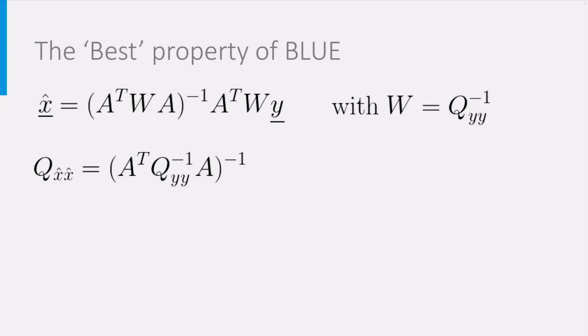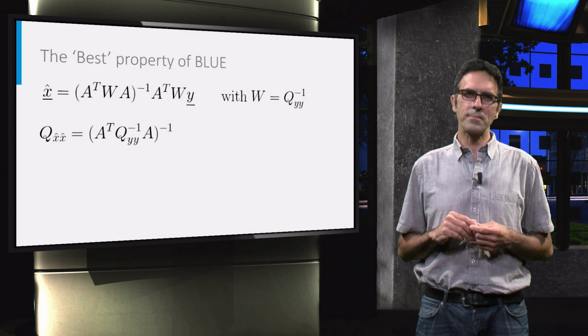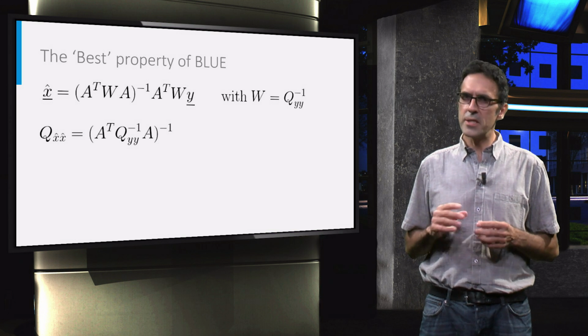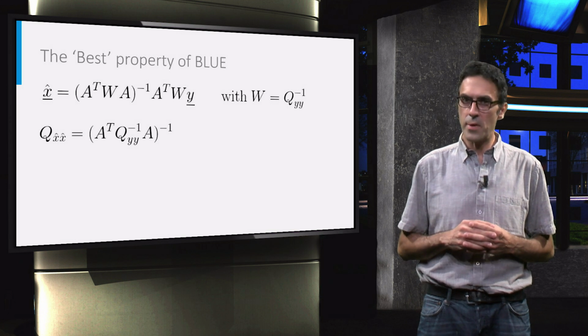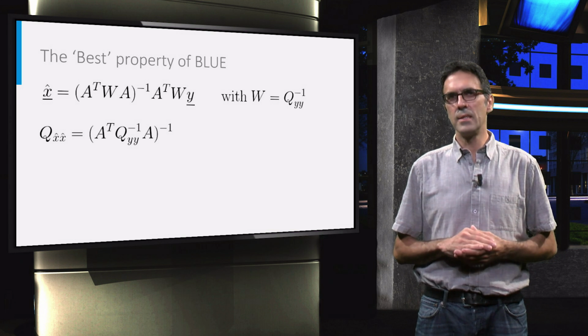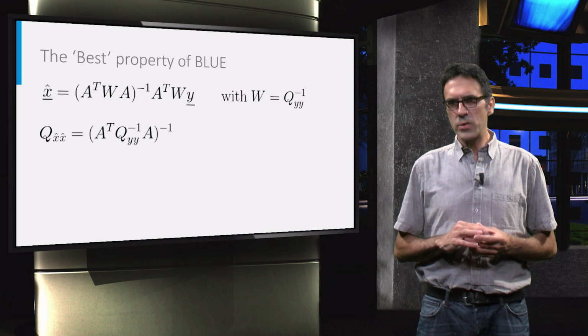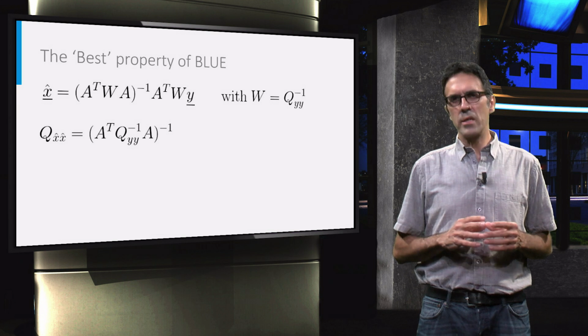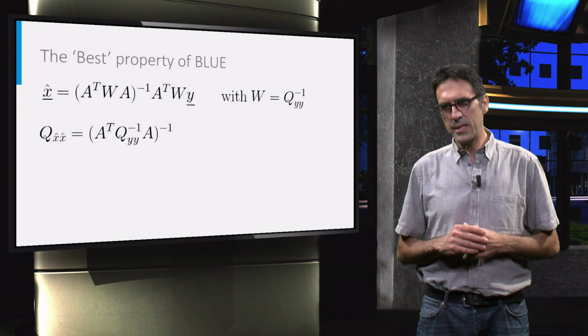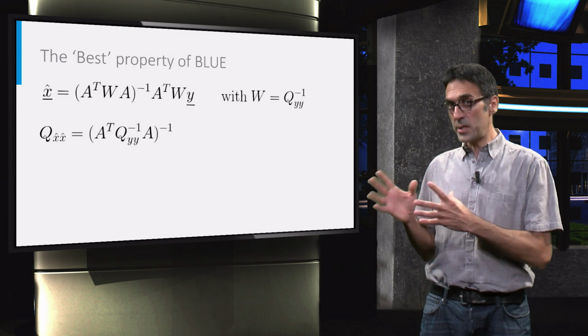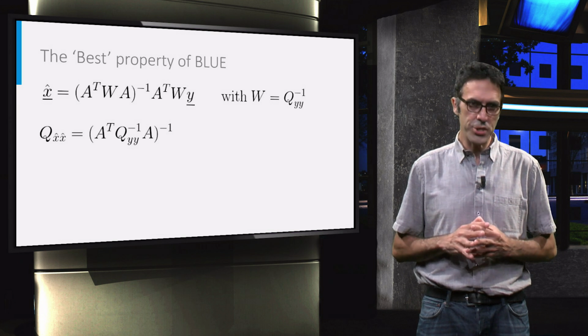Intuitively, it makes sense that we use our knowledge on the quality of the observations to compute the estimator of the parameters. It can be proven that this expression for the covariance matrix of the parameters is best. Of all possible weight matrices, this particular one gives us the optimal estimator of x hat. In other words, this x hat has the highest precision possible.